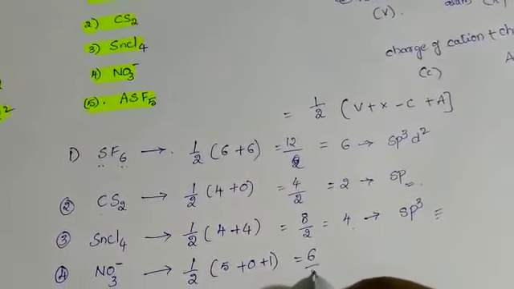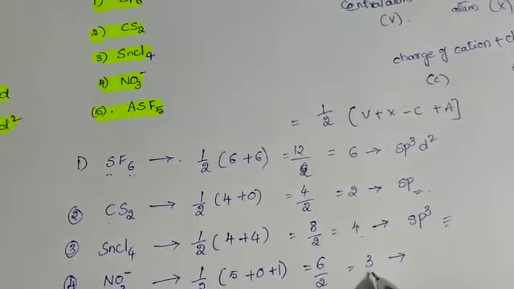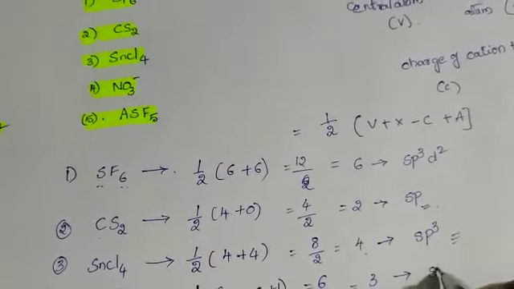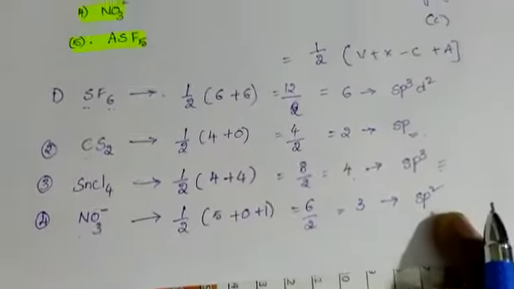Half of 5 plus 0 plus 1, that is 6 by 2 equals 3. Hybridization comes 3, so NO3 minus ion exhibits sp2 hybridization.